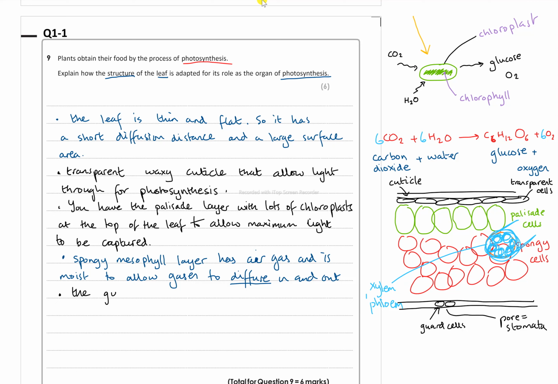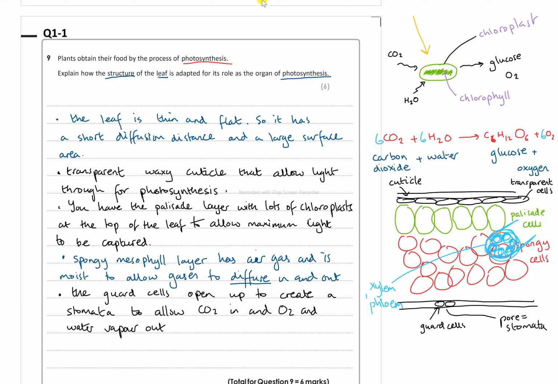The guard cells open up to create a stomata, or stoma, to allow CO2 in and O2 and water vapor out.